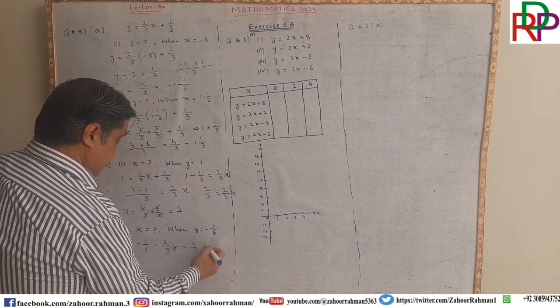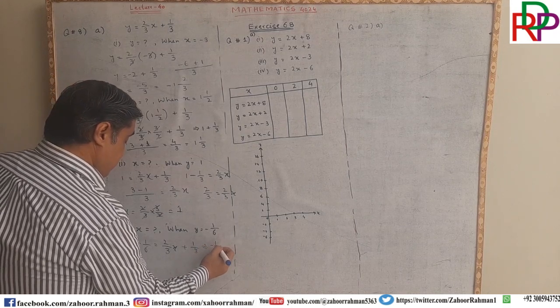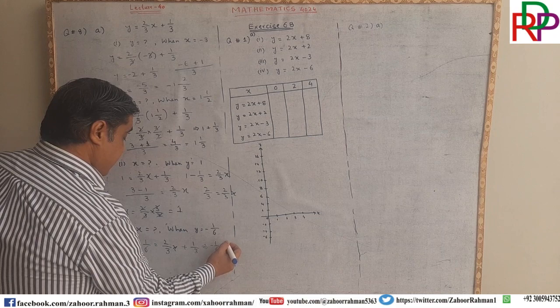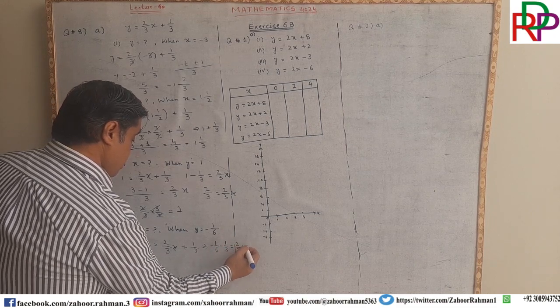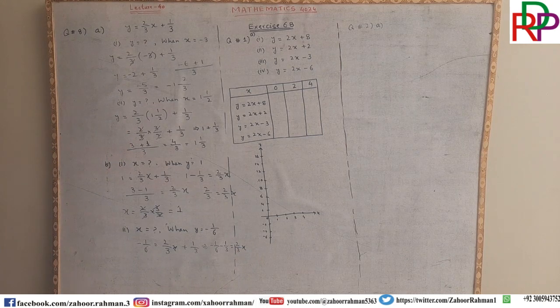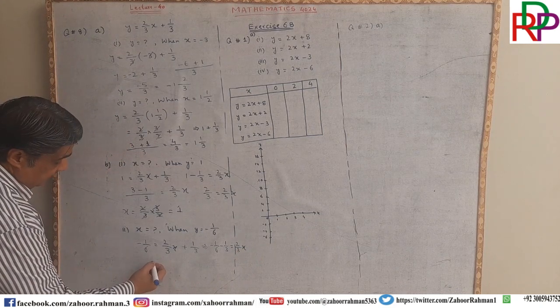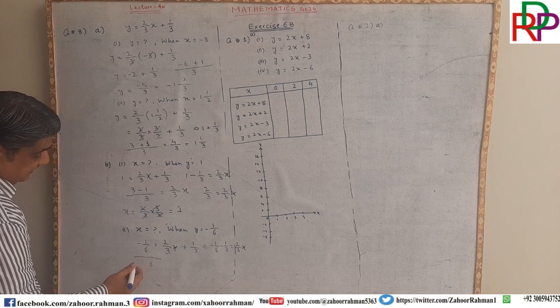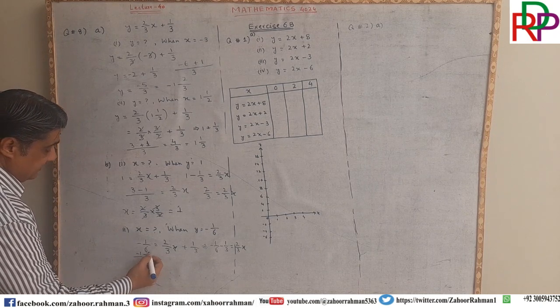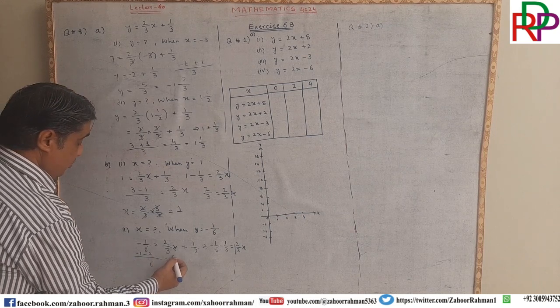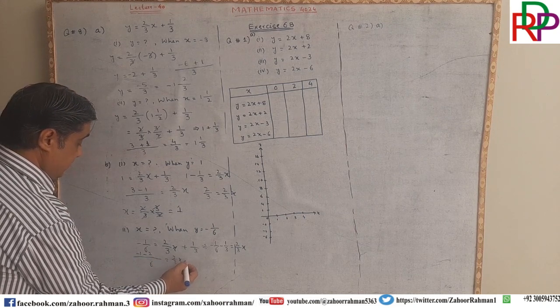So this implies that minus 1 over 6 minus 1 over 3 is equal to 2 over 3x. When we are taking 6 as the LCM, this will be minus 1 and this will be minus 2, equal to 2 over 3x.